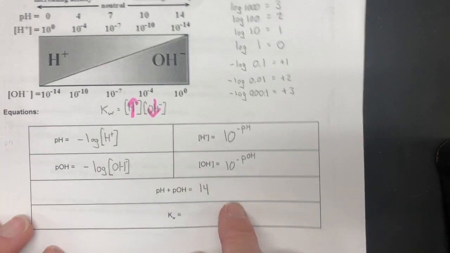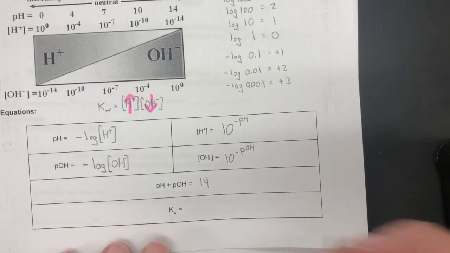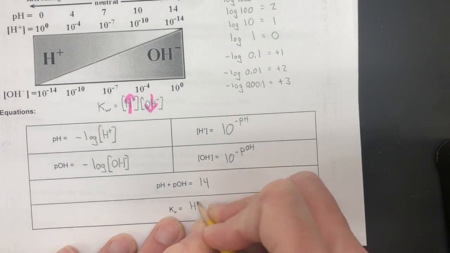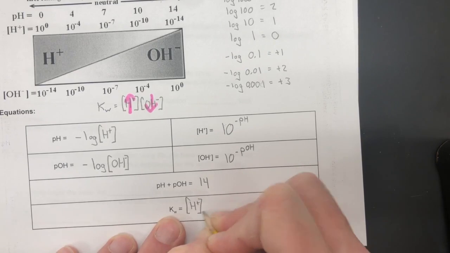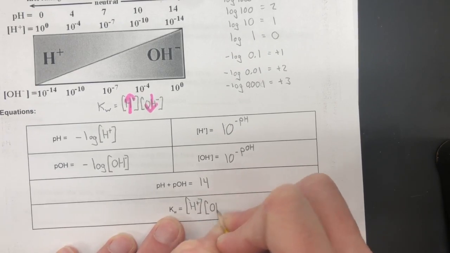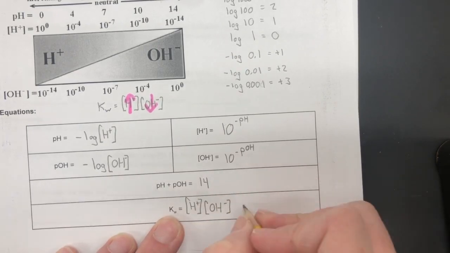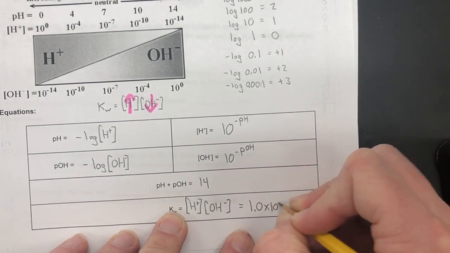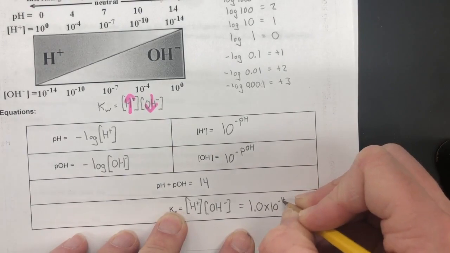And then we already wrote down this equation, but it's worth rewriting. Kw is hydrogen ion concentration times hydroxide ion concentration. And that number again is 1 times 10 to the minus 14th.